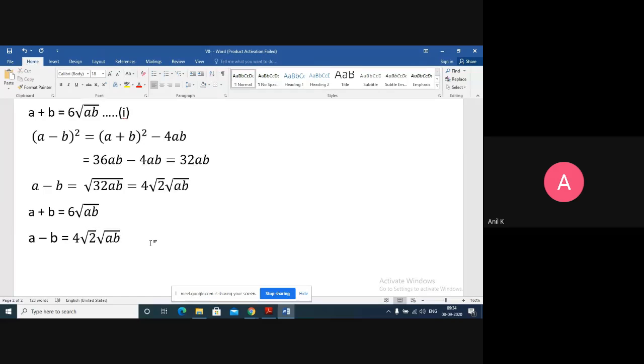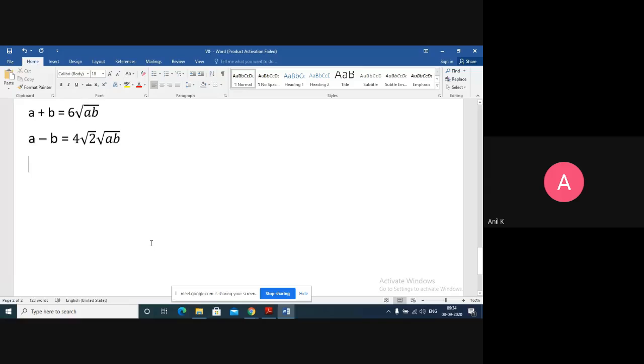So if I solve these two equations using pair of linear equations which we studied in class 10th, by adding equation 1 and 2, B and minus B will get cancelled. So here you have 2 times of A is equals to 6 root AB plus 4 root 2 root AB.